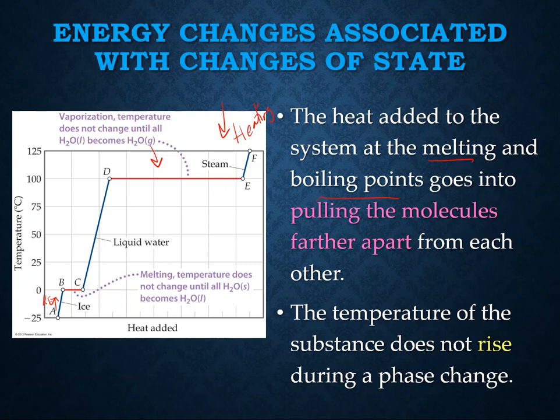The temperature, of course, of the substance does not rise during a phase change. It's using the energy to break apart the particles, pull apart those molecules, and space them out. So that's why we have plateaus versus slopes here on our heating curve. We're going to go into more detail with the heating curves later, but this is part of the deal with the phase changing and spacing them out. It has to do with those intermolecular forces.